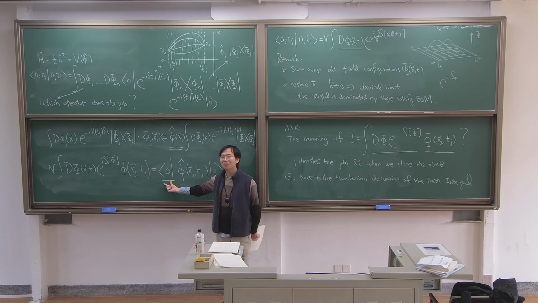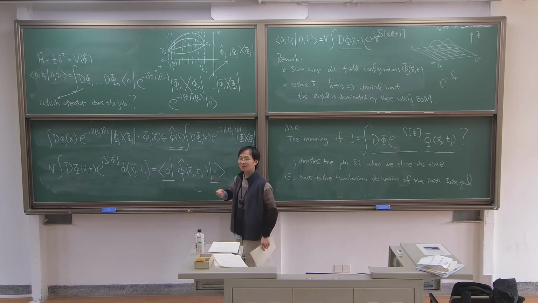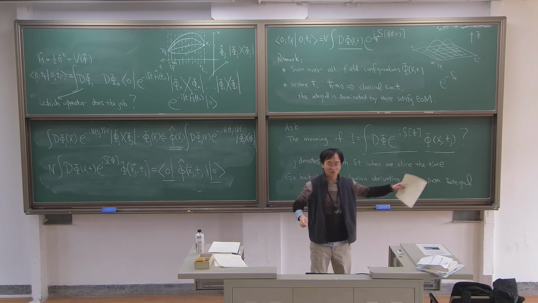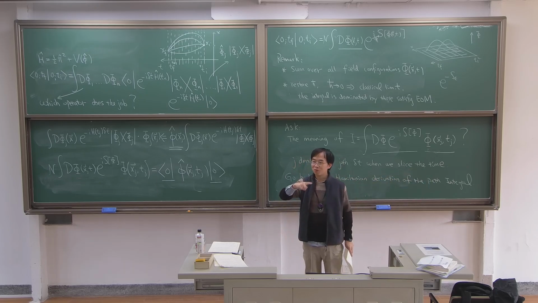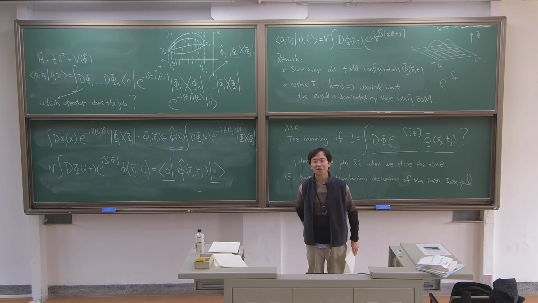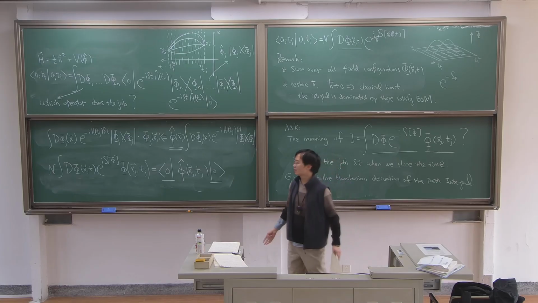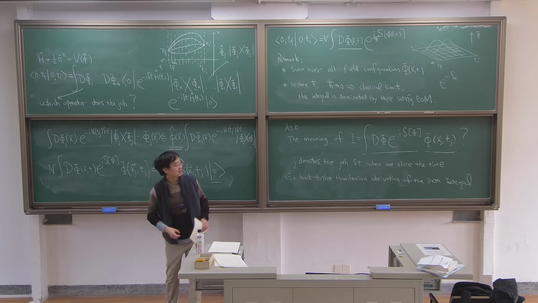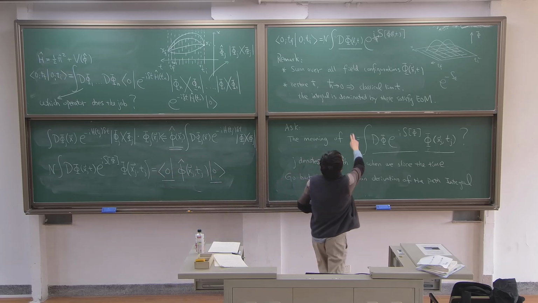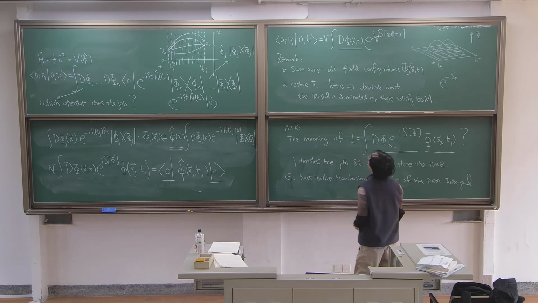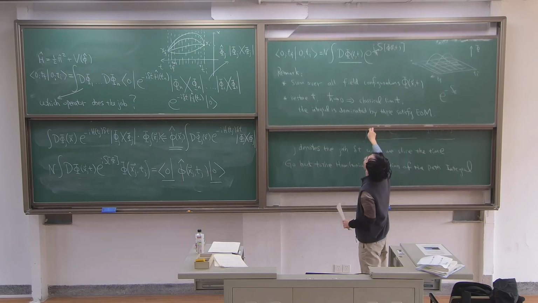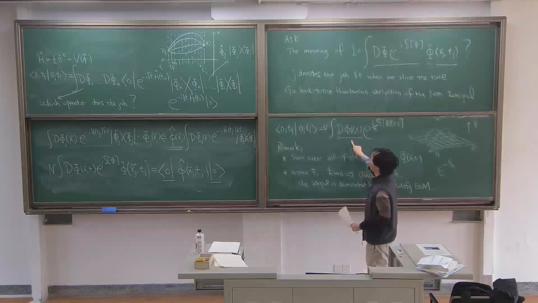The past infinity vacuum evolves by the Hamiltonian, and then finally overlaps with this future vacuum. Okay, so it's not non-trivial. You can normalize it to be 1, but physically it's a non-trivial process. So it is identified with this path integral. That's what we want to show here.